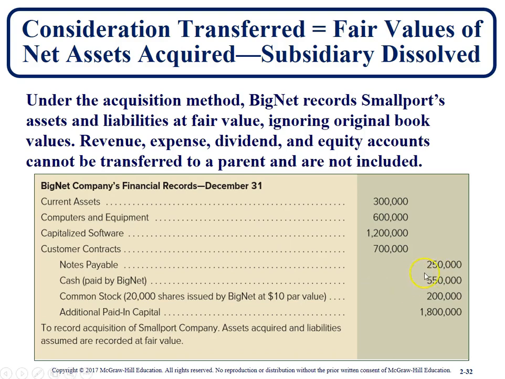What did we give? From here on down is what we gave to Smallport to buy them. First of all, we gave them $550,000 in cash, so that's going to credit cash because cash is going down. Common stock, we're going to issue 20,000 shares of common stock. Its par value is $10 a share. If you remember, the market value was $100 a share, so that's $2 million.